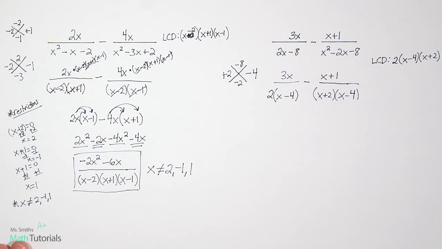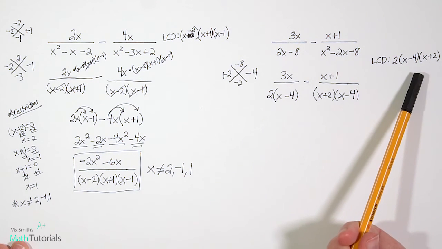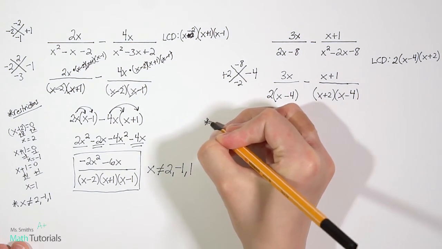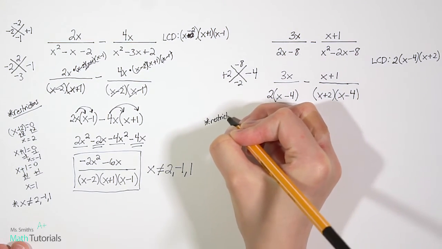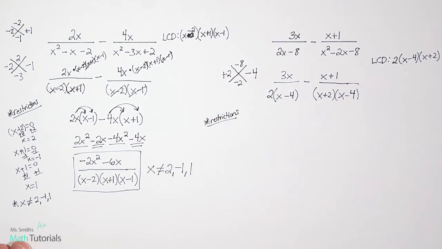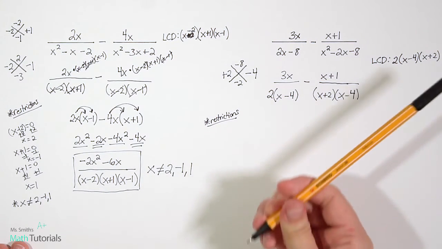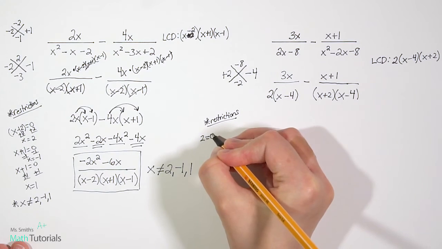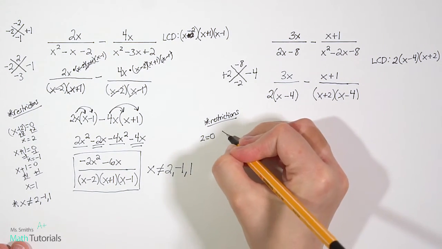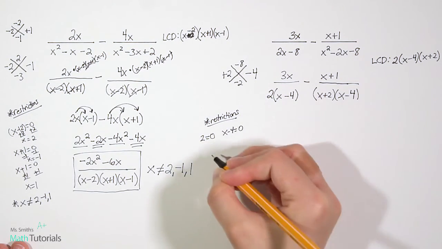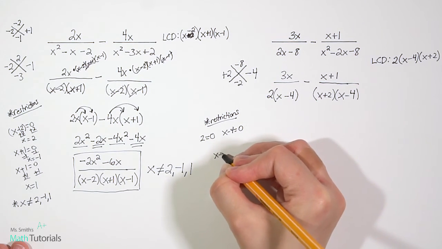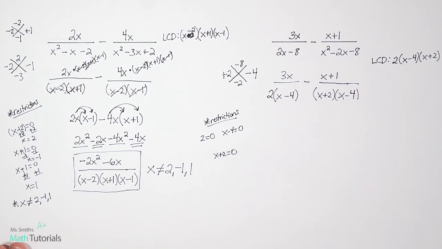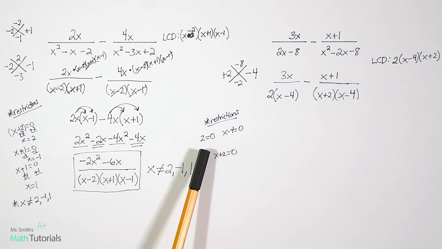Let's take a pause for a second to determine what our restrictions would be based on that LCD. So I like to come over here on the side and do my little restrictions bar. The first thing we're going to set equal to 0 is our 2. We've got 2 equals 0, and then x minus 4 equals 0, and then x plus 2 equals 0. The first one, 2 equals 0, definitely looks a little funny, right?